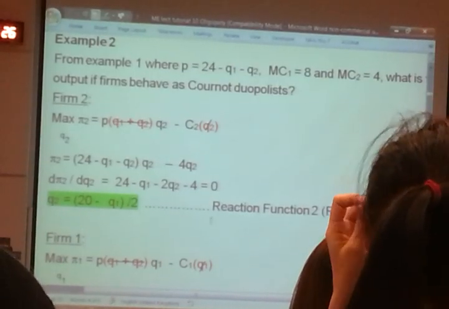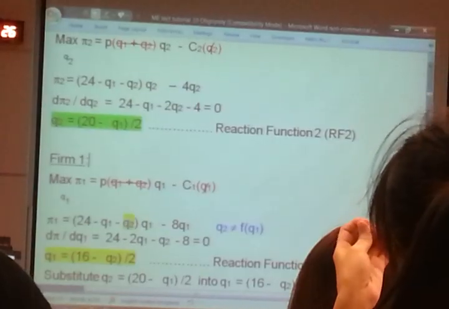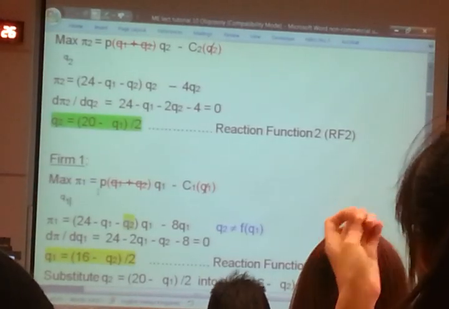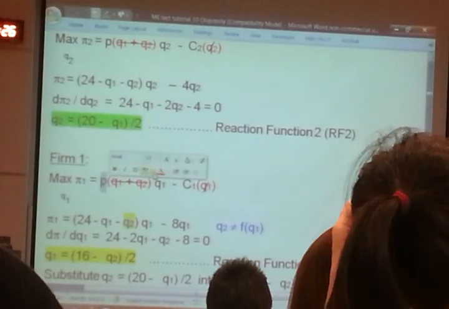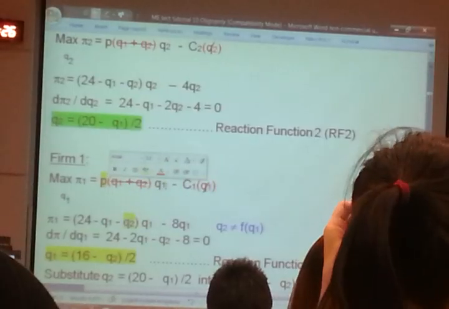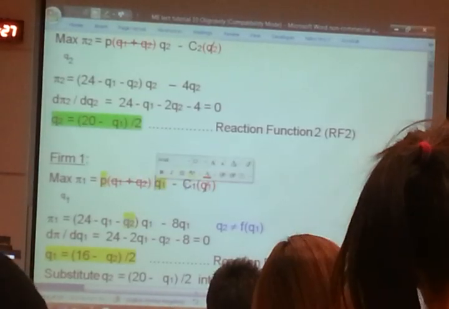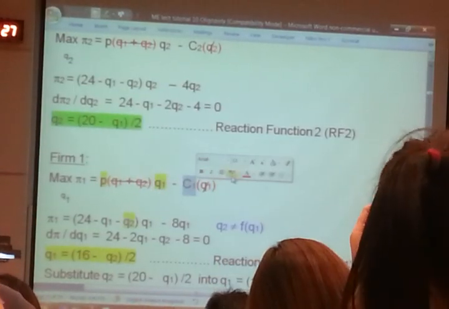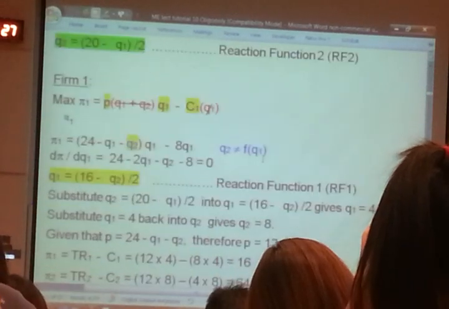Now, firm 1's objective is to maximize profit, which is total revenue, P times Q1, minus total cost.